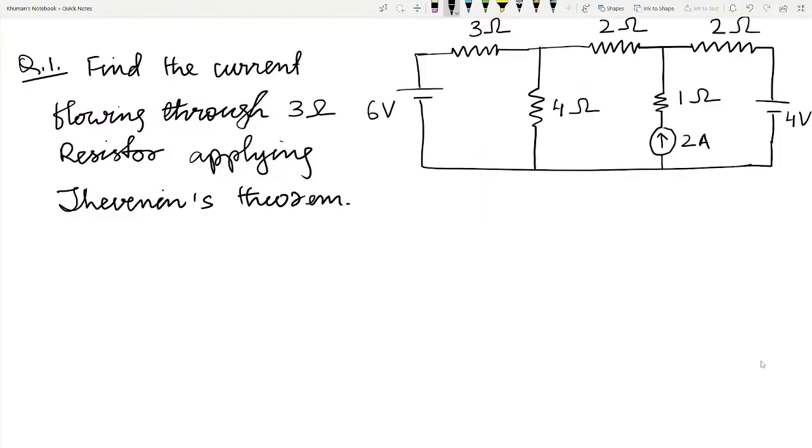In this problem, it is asked to find the current flowing through the 3 ohm resistor applying the Thevenin theorem. In the first step, we will name this 3 ohm resistor as RL. Then in the next step, we will remove this RL, so we will redraw this circuit again.